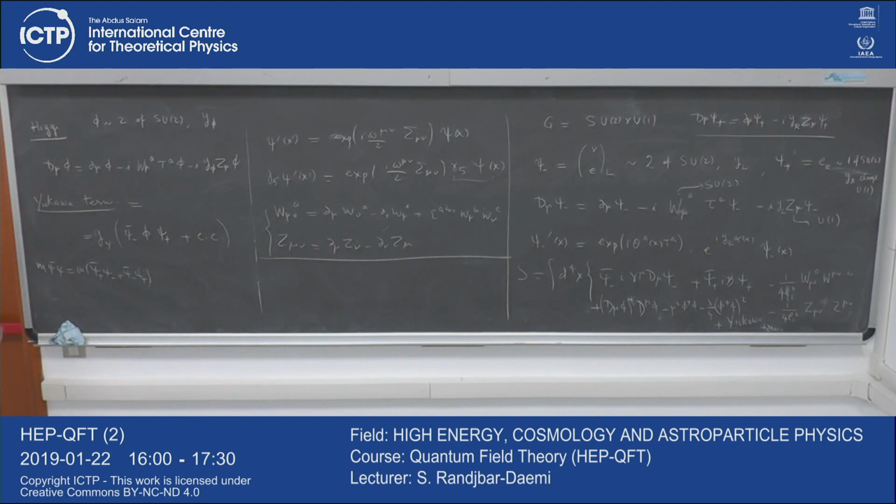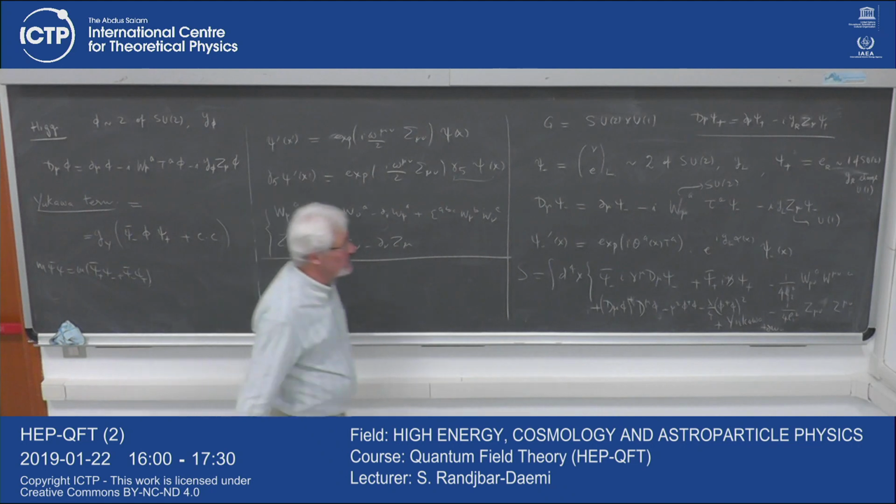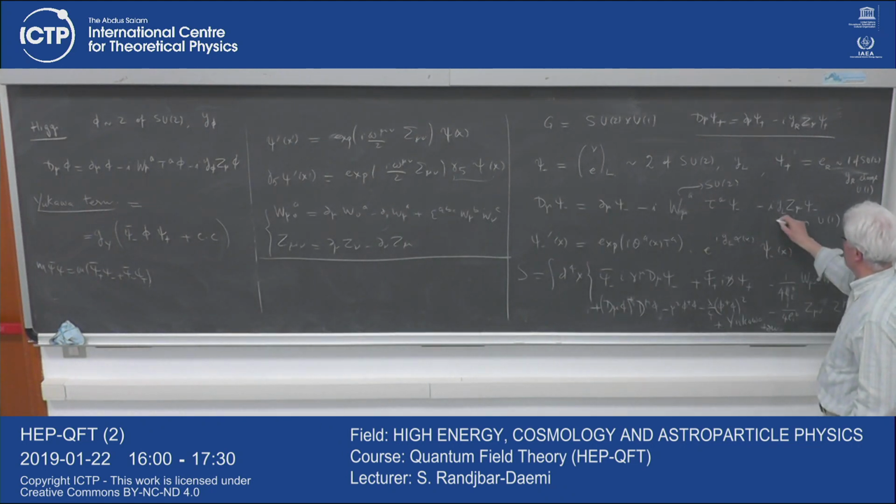But one more thing. Unless Y phi and Y plus and Y minus are chosen in an appropriate way, this will not be U1 invariant. Because under the U1 transformation, we wrote, in fact, the transformation property of that field here.